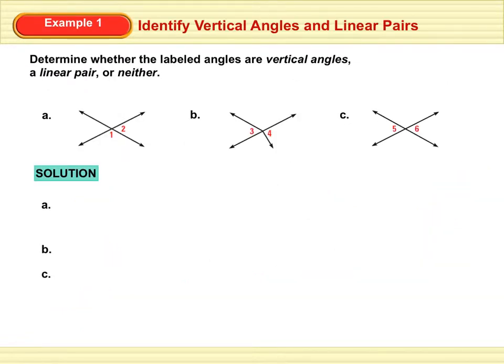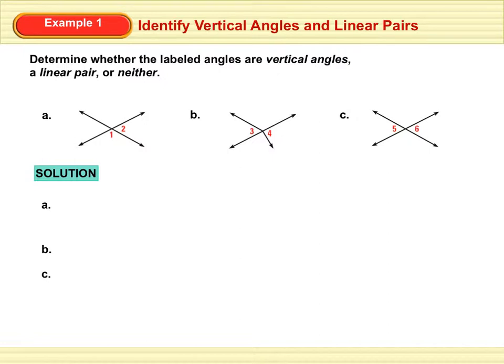So let's quickly identify some vertical angles. Look at these three options below. Let me know if they're vertical angles, a linear pair, or neither. So for A, let's see what's so unique about A. I would say angles 1 and 2 are next to each other, they're adjacent, right?